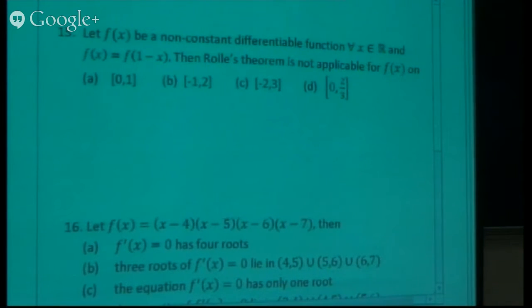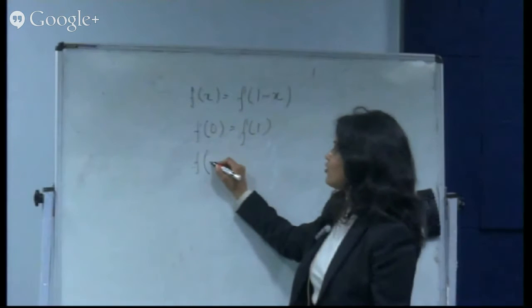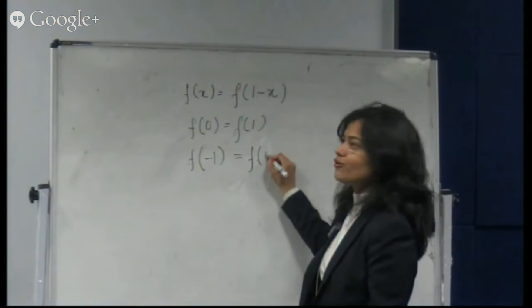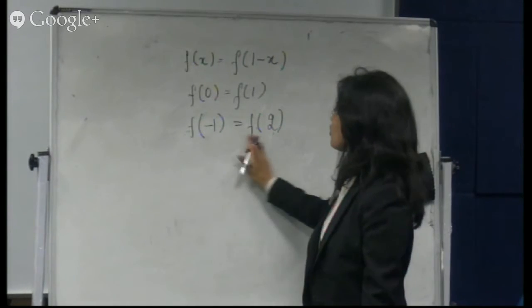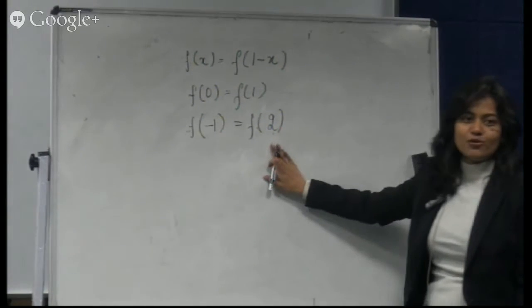Now, if a is 0, b is 1, using this condition, if you put x equal to 0, what do I get? f(0) is equal to f(1). So Rolle's theorem is applicable on option A. If you put x equal to minus 1, you will get f(-1) is equal to f at 1 minus (minus 1), which makes it 2. So f(-1) is equal to f(2).